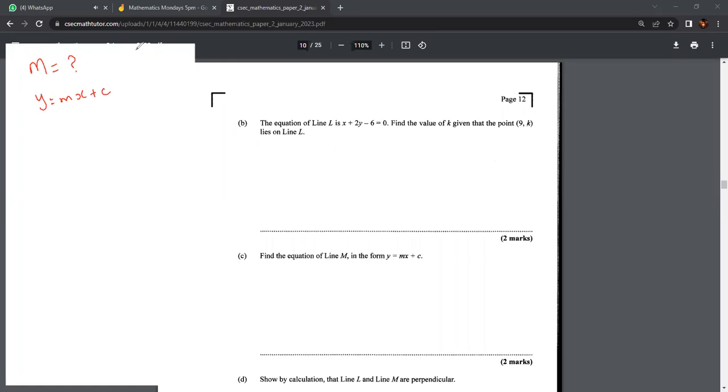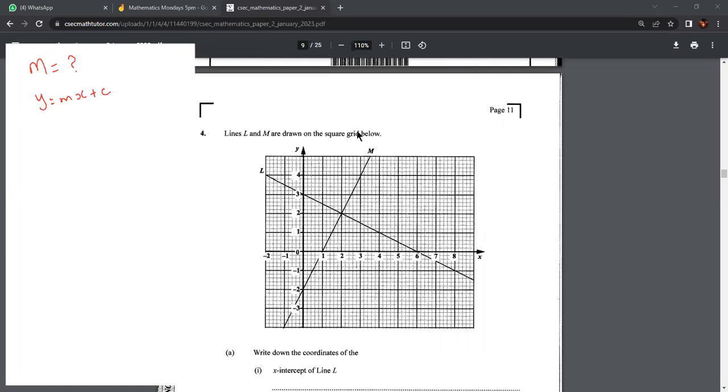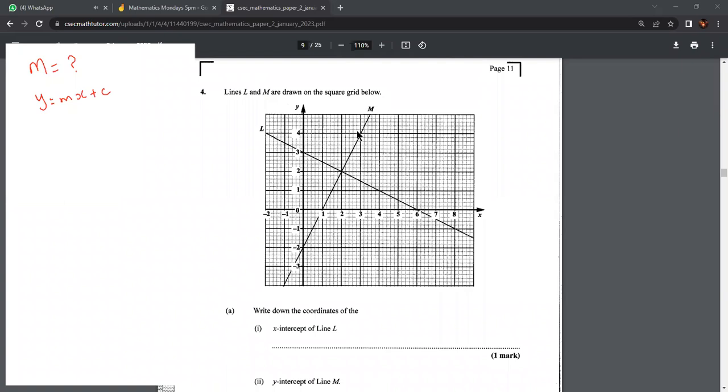Now, anytime they ask you to find the equation of a line, you can use, okay, so I'm just going to put a little note. Right, so you could take this note for me.